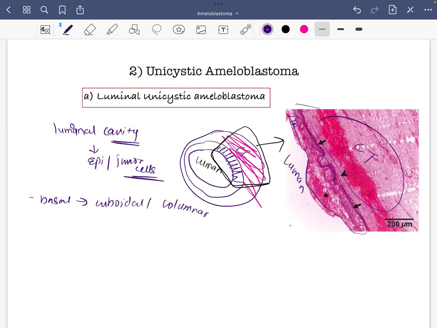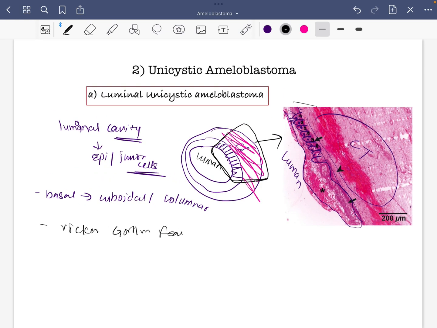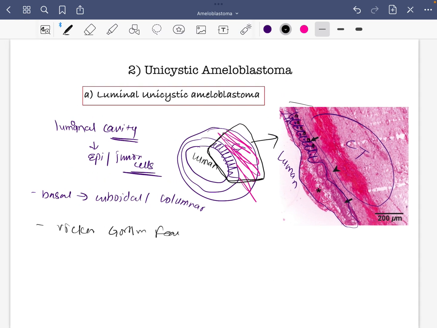This is your basement membrane. So these cells are going to be cuboidal or columnar with hyperchromatic nuclei and subnuclear vacuolization. So Vickers-Gorlin features will be there, right? This is your luminal unicystic ameloblastoma.